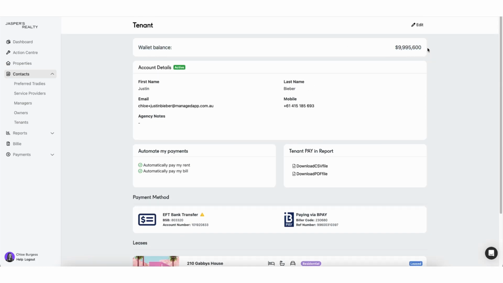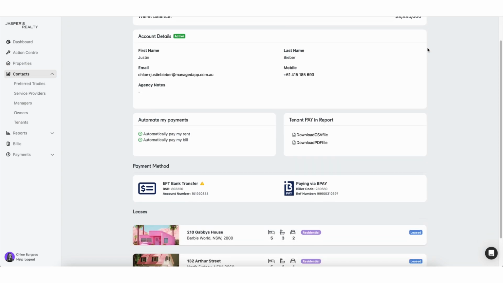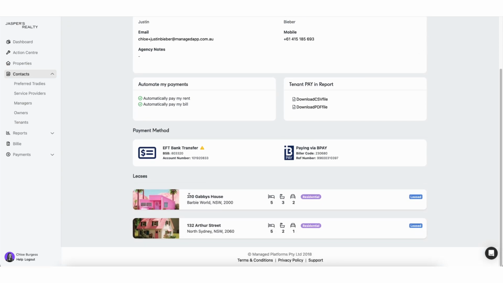What that means is they have to be mindful of when their rent is due or when bills are due for each property, and make sure they're making those payments on time. Say, for example, this tenant has rent due at Gabby Street on a Friday for $5,000, but they had a water bill due at 132 Arthur Street on the Wednesday for $500.